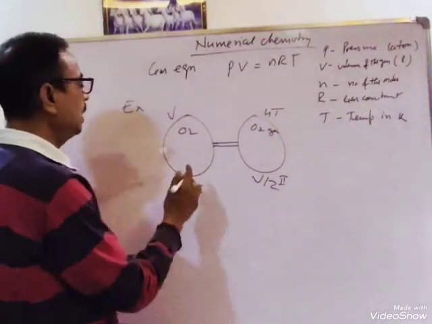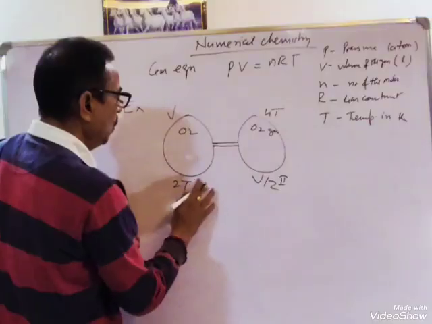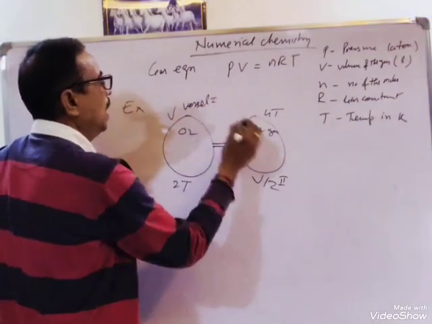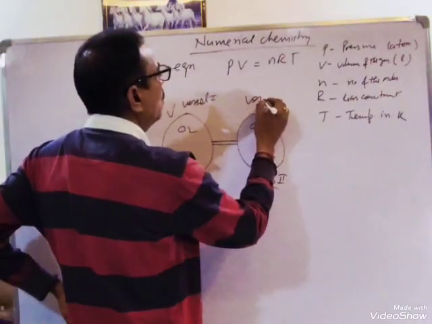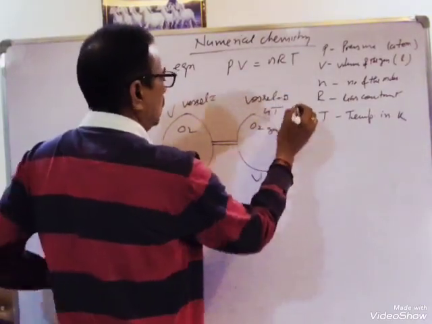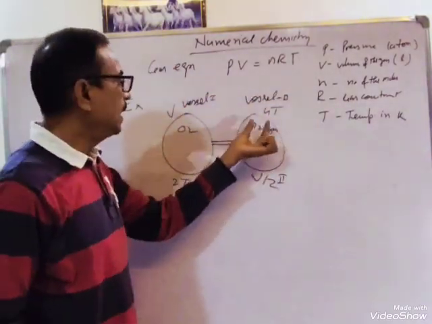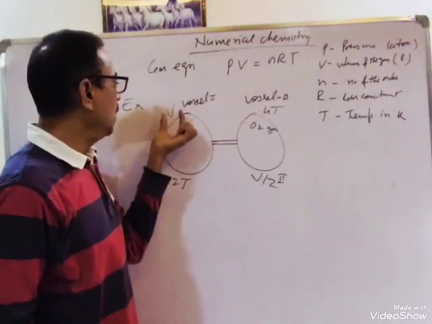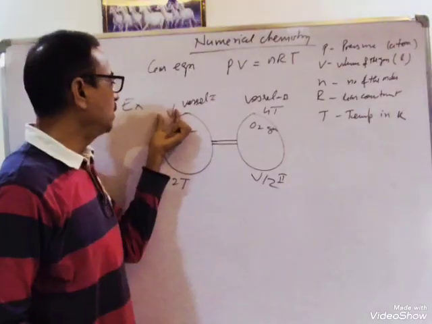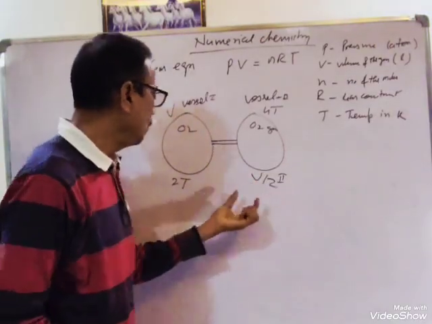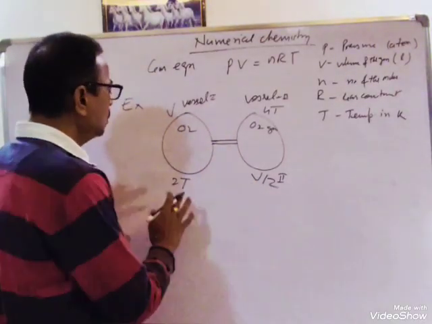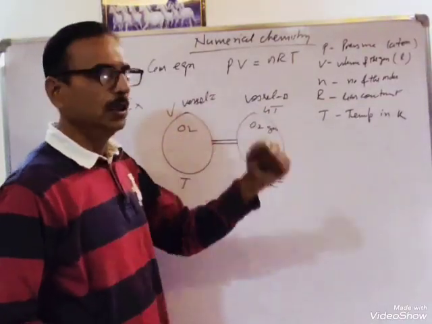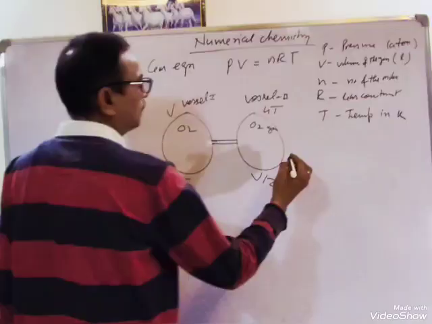This is vessel 1, and in vessel 2 there is the same gas at temperature 4T. The volume of the first vessel is V, the second is V by 2, and the temperature of the first is T and the new one is 4T.